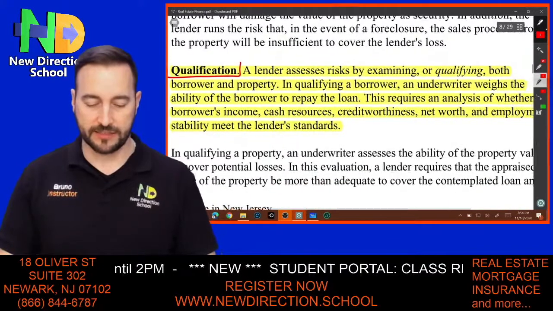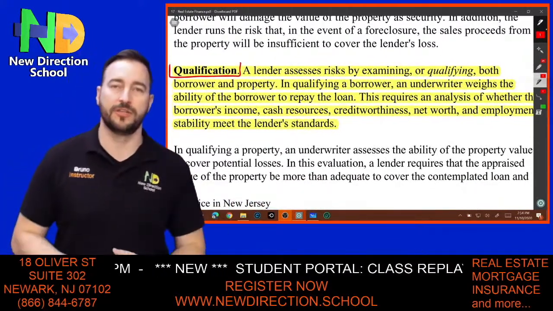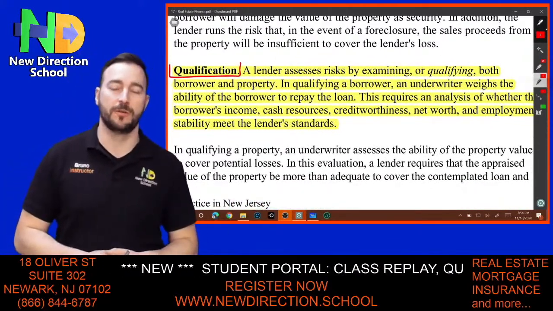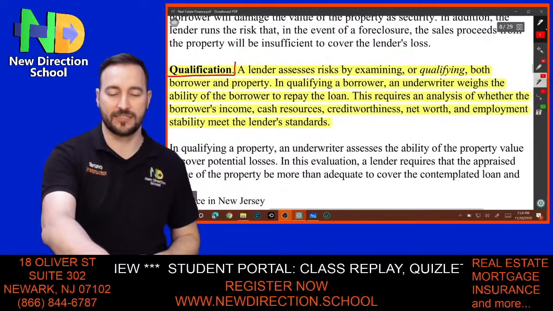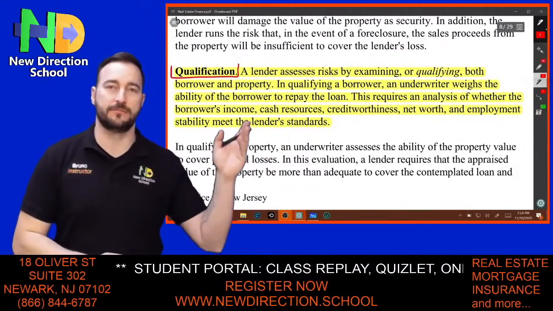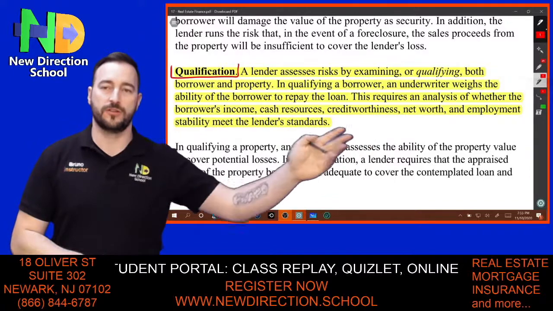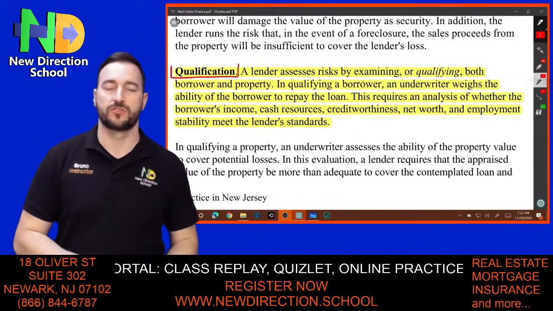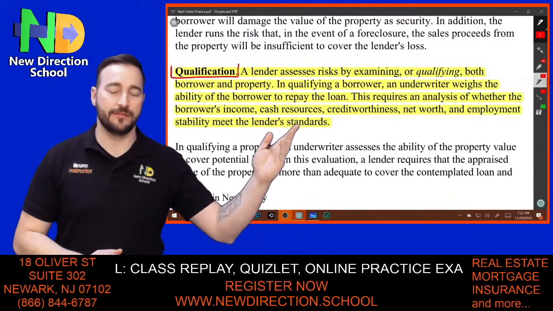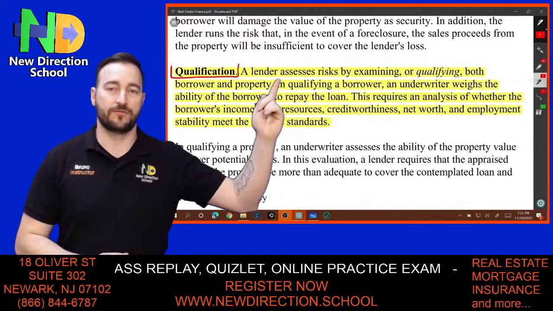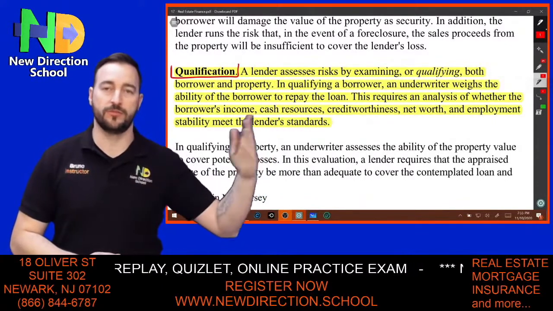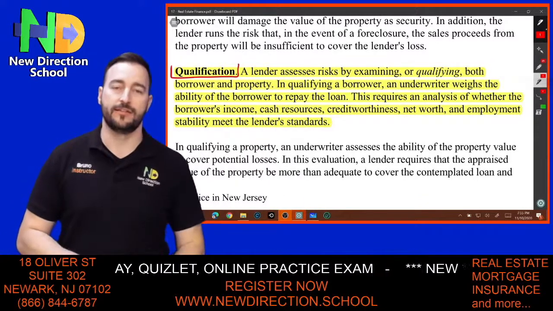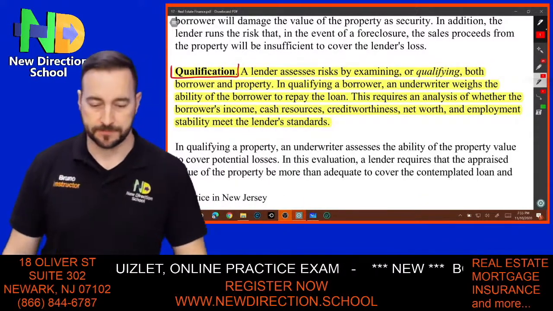In qualifying the borrower, the underwriting weighs the ability of the borrower to repay the loan, and this requires an analysis of whether the borrower's income, cash resources, creditworthiness, net worth, and employment meet the lender's standards. If these are all okay, then they give you a commitment.